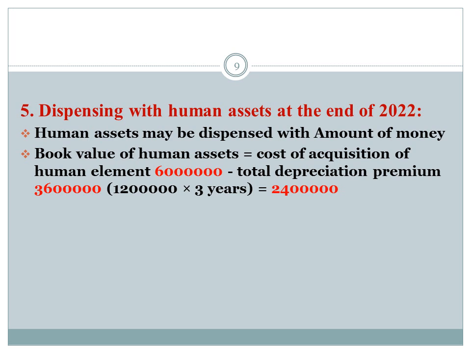So the total depreciation premium will be 1,200,000 multiplied by 3 years equals 3,600,000. So the book value of human assets equals 6 million minus 3,600,000 equals 2,400,000.